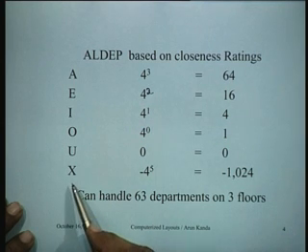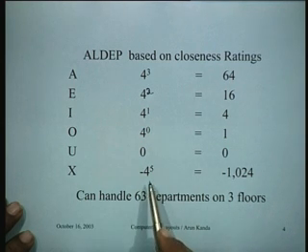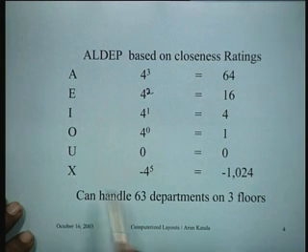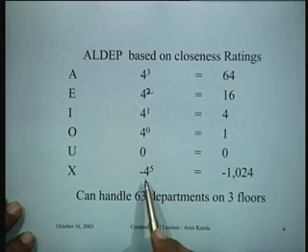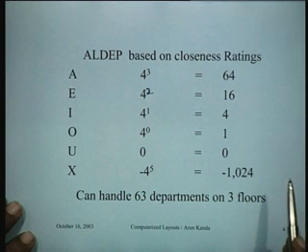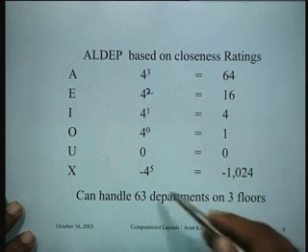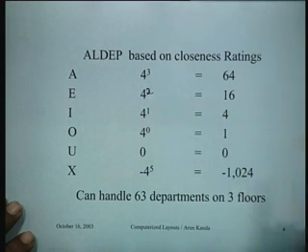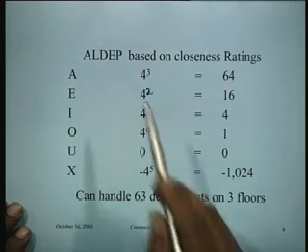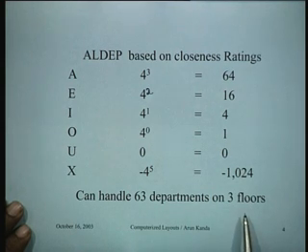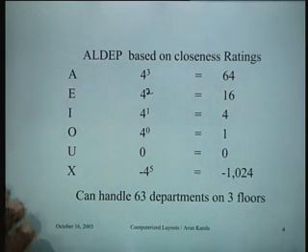And the X, which is a highly undesirable requirement between two departments, is given a negative score of -4 raised to the power 5. So these are the numerical ratings that come. Essentially this is rated on a logarithmic scale. ALDEP has a capability of handling 63 departments on 3 floors when the package is operated.